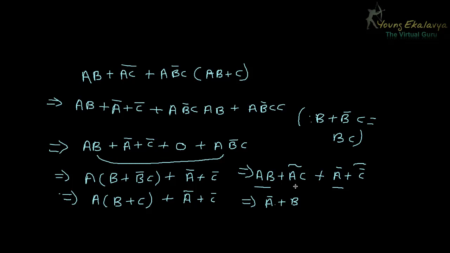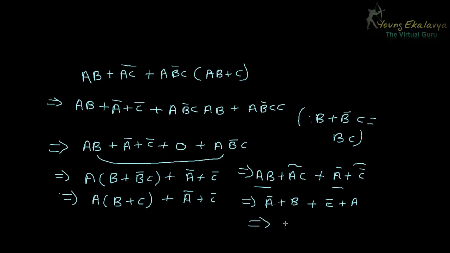Now we take AC and C complement, right? So what does this result in? This results in C complement plus A. Understood?